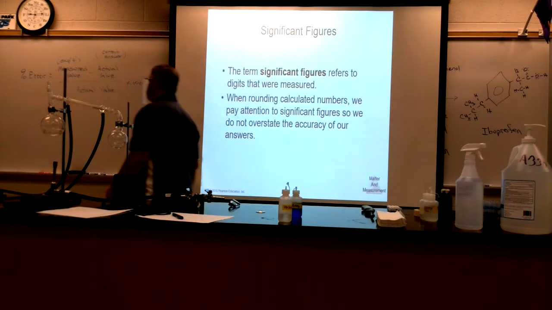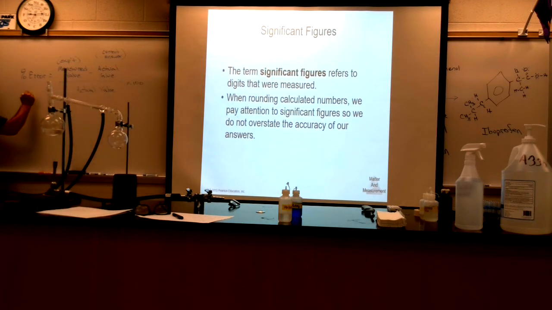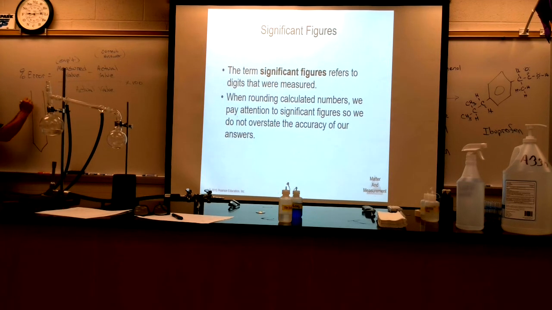So if I look at a graduated cylinder, or let's just say a burette, okay, let's just say that this is starting at 0, and this is 10. If I put the meniscus right there, what do we say the volume is? 6, okay?